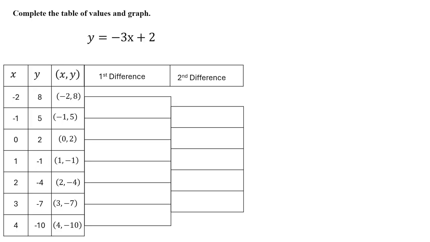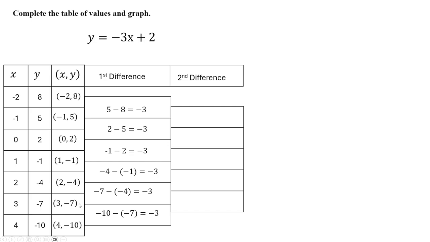Now, to calculate our first difference, we take 5 minus 8, which gives us negative 3. The next one, 2 minus 5, is negative 3. Negative 1 minus 2, negative 3. For each one of these, the first difference is negative 3.